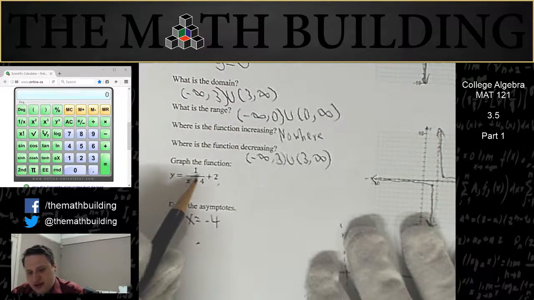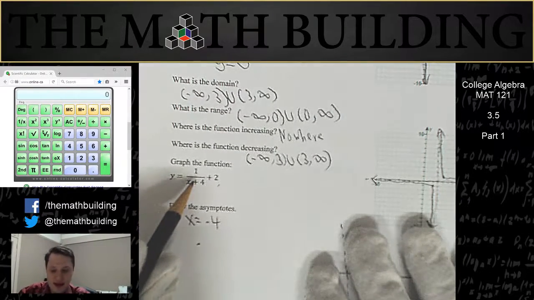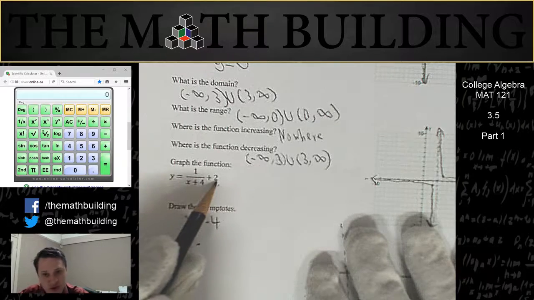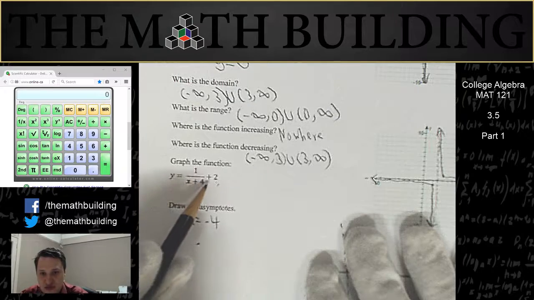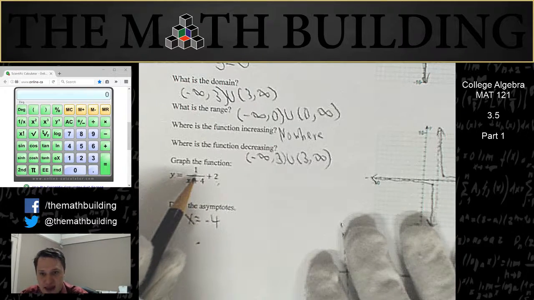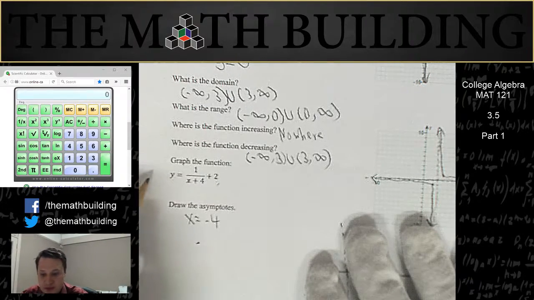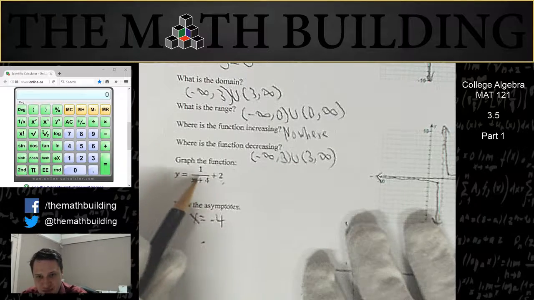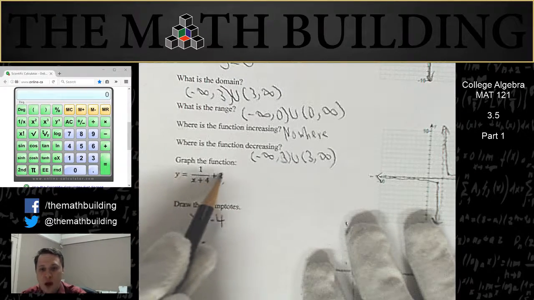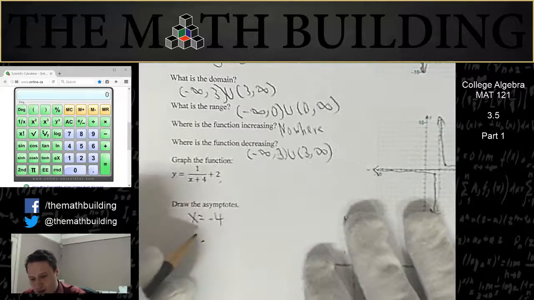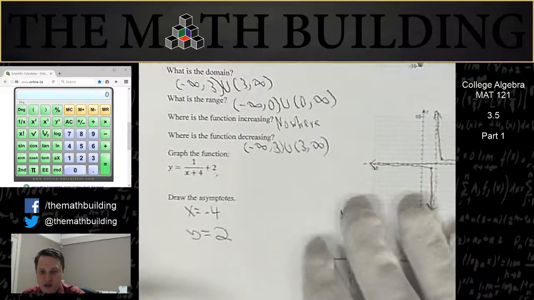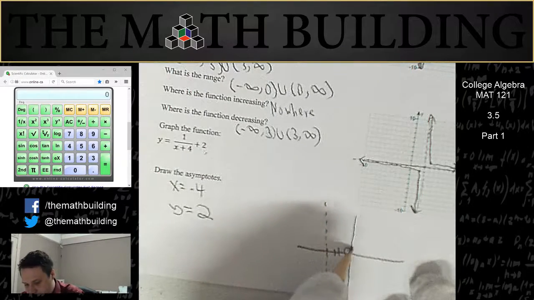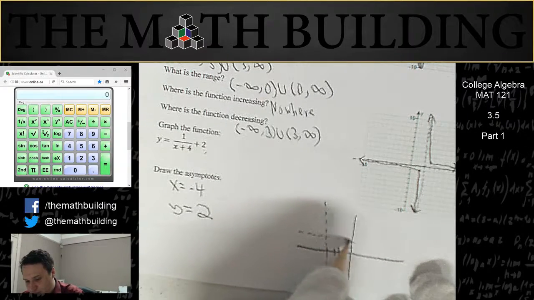If this fraction right here can never equal 0, then that means that y can never equal 2. We could think of something to plug in for x such that this thing equals -2, and then -2 plus 2 would be 0. But because this fraction will never be 0, y will always be a little bit off of 2. So there's an example of a horizontal asymptote different than 0.